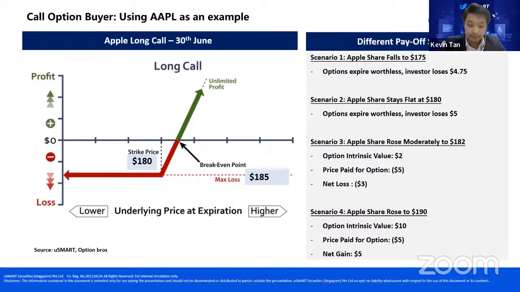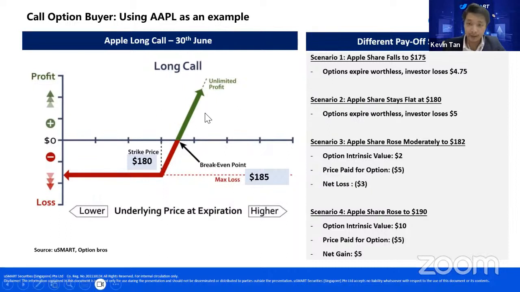The reason is that your option gives you the right to buy Apple shares at $180, but if Apple shares are trading at $175 in the market, as an investor interested in buying Apple shares, you would be much better off buying Apple in the market at $175 instead of exercising the option to buy it at $180. This is also the reason why the Apple option will expire worthless if Apple falls below $180.